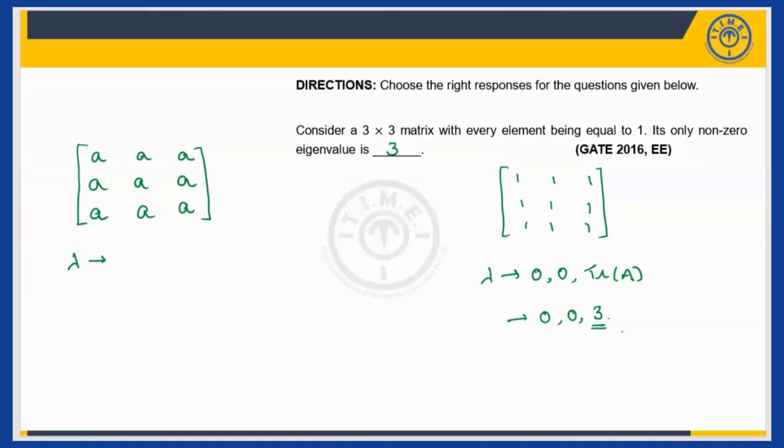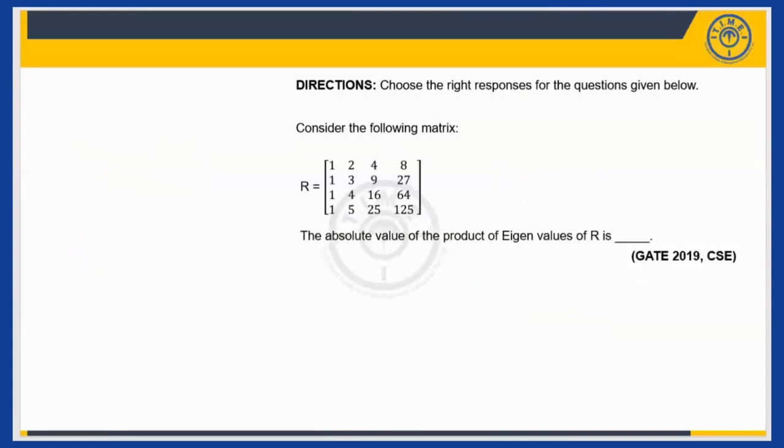What are the eigenvalues for that matrix? Right. The eigenvalues are 0, 0, and 3. Now, so consider the following matrix.